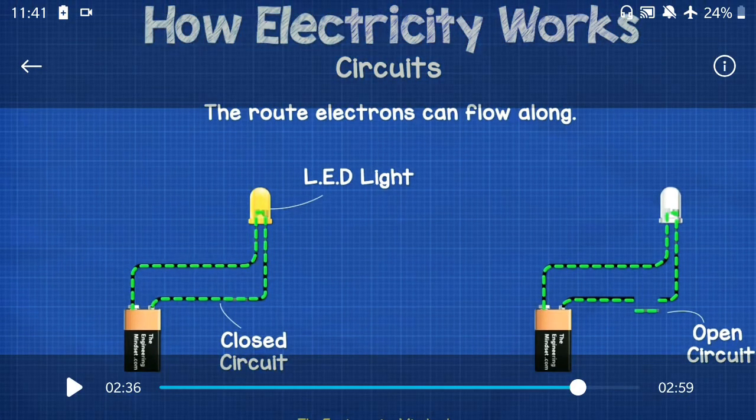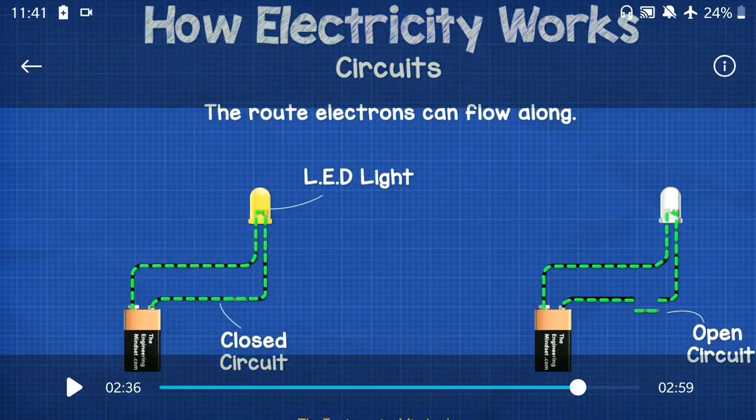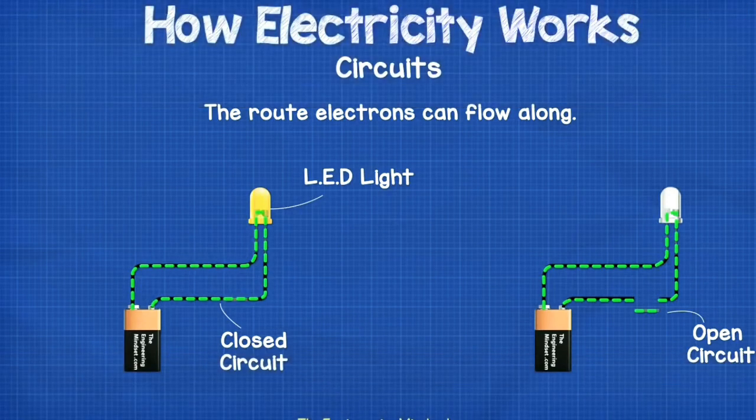So for the flow of current, the circuit should always be a closed one. In any closed circuit, current will be flowing. For example, for the LED light to glow, it should be a closed circuit.